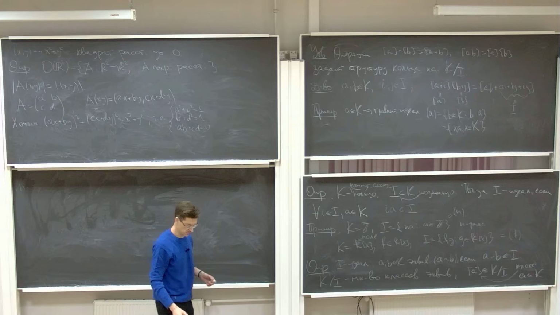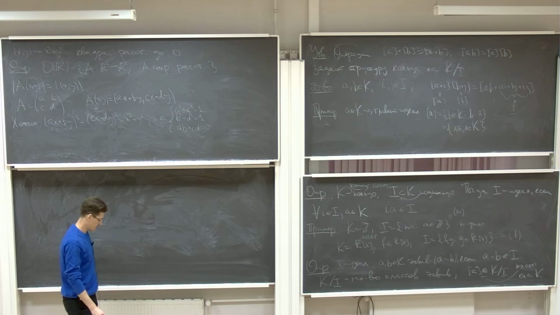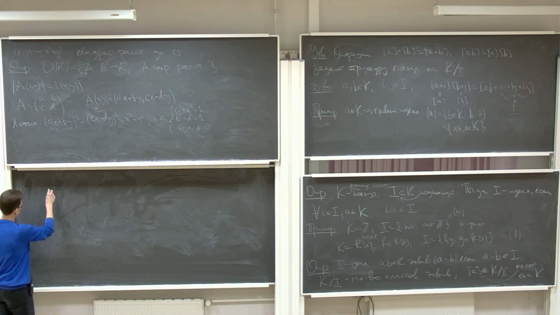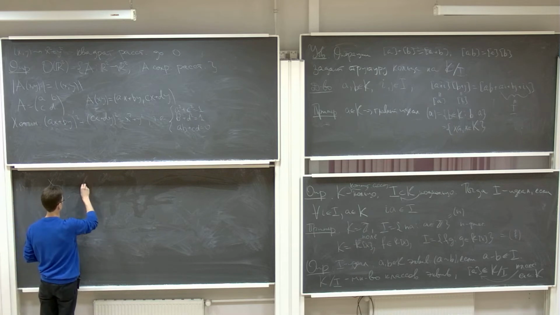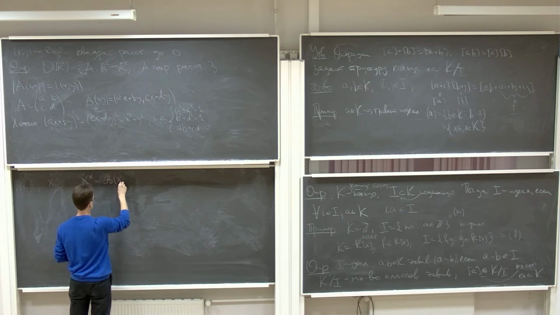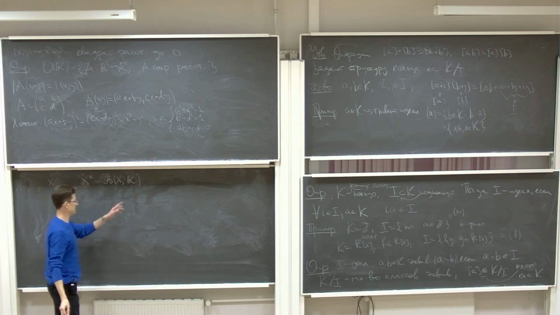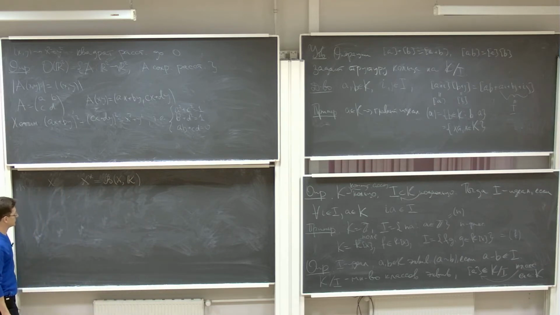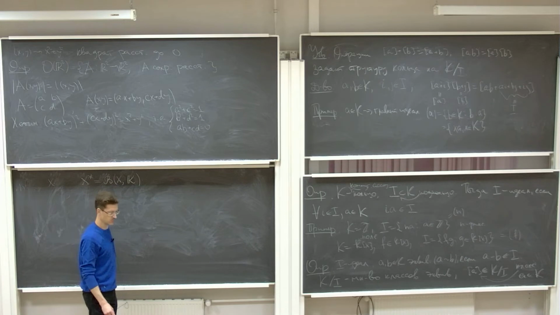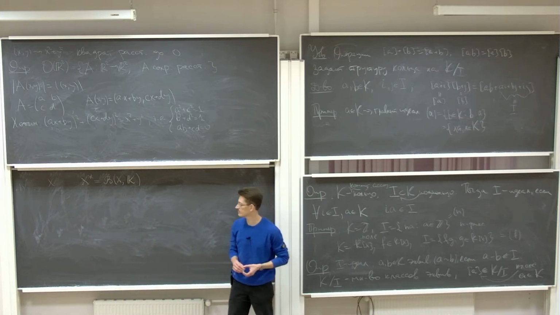Okay, so today we continue our discussion of dual spaces. Let's recall that if we have a normed space X, then the dual of X, X star, is defined to be the space of all bounded linear operators from X to the base field K, where K is our base field, which is either the field of real numbers or the field of complex numbers.